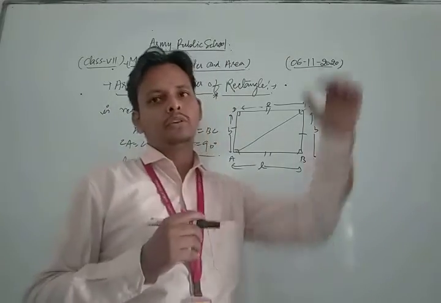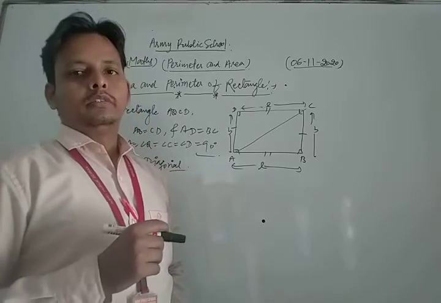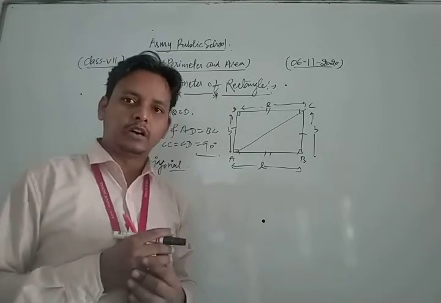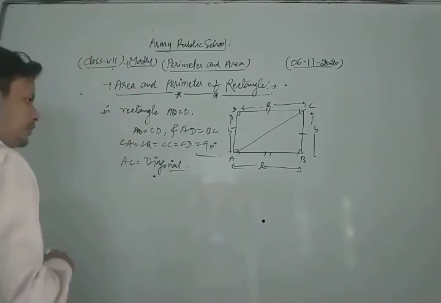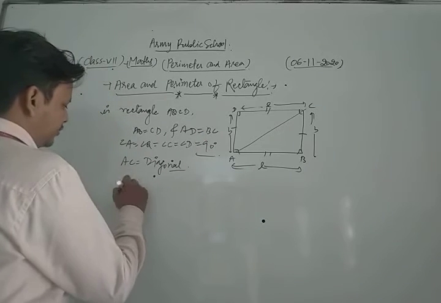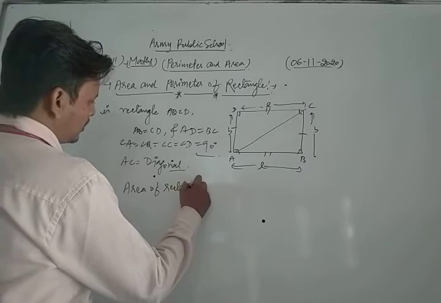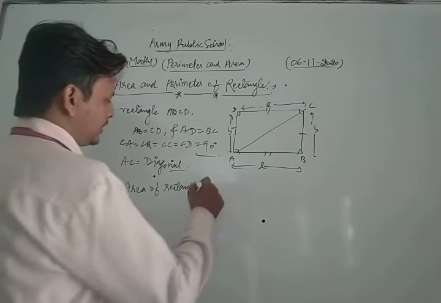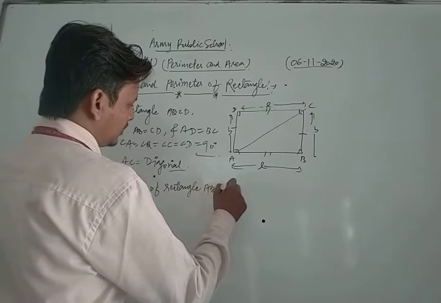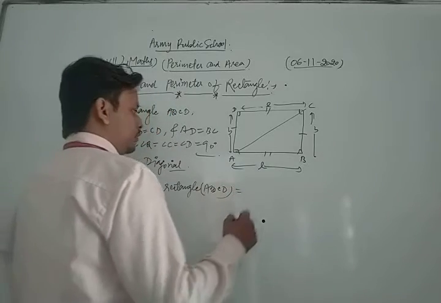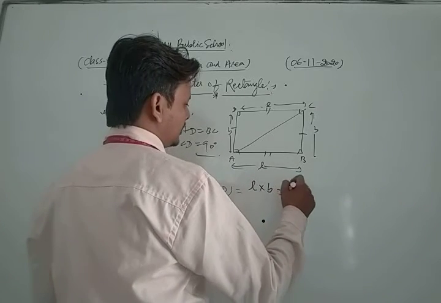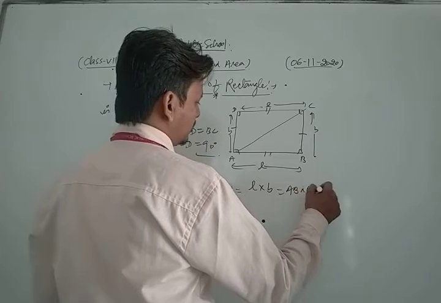Okay, dear students, so this is the concept of a rectangle. Now look, first of all we discuss the formula for area. Area of rectangle ABCD is length into breadth, means AB into BC.